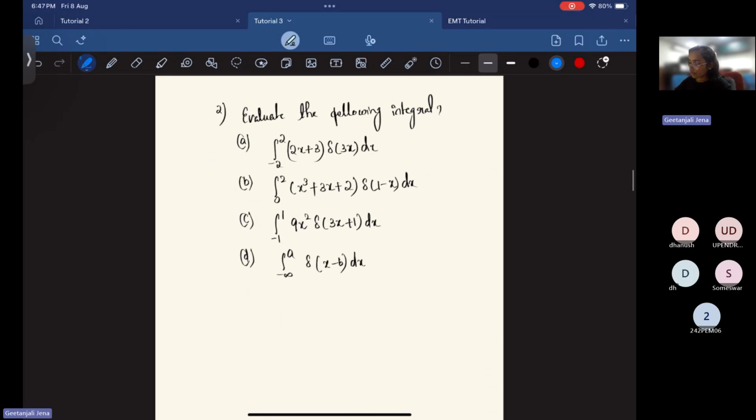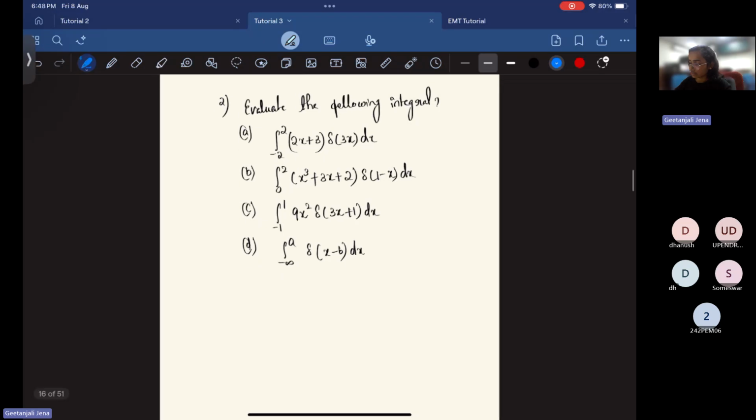Now let us see the next Dirac delta function. In the first part, you have the integral from minus 2 to 2 of 2x plus 3 delta 3x dx. What will be the value for this?